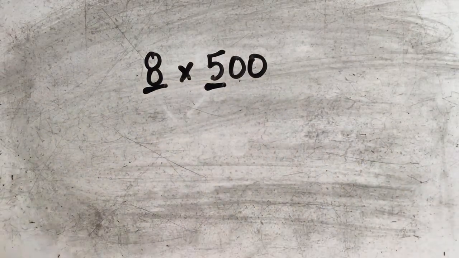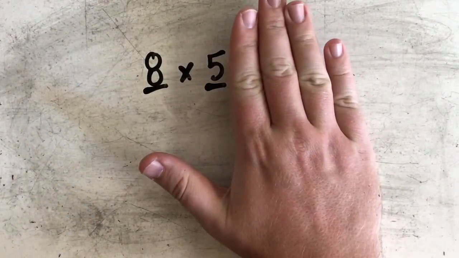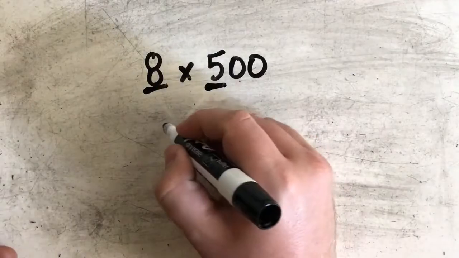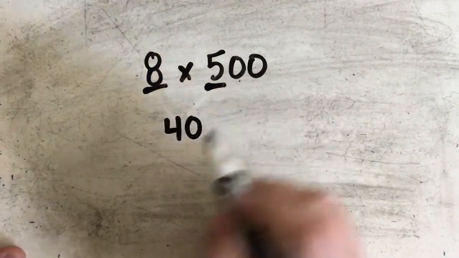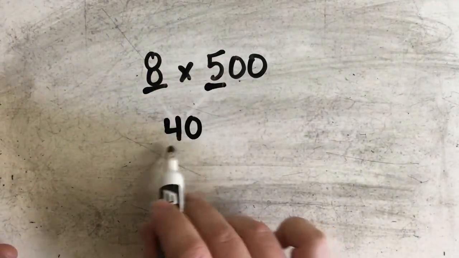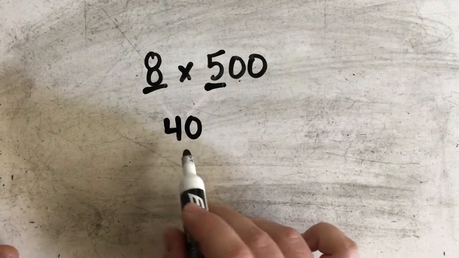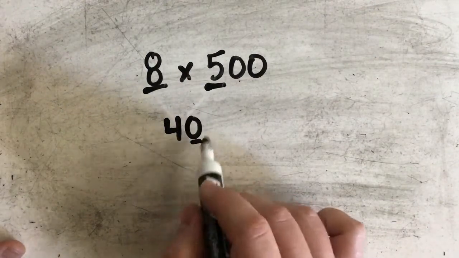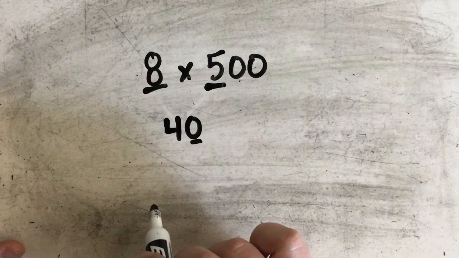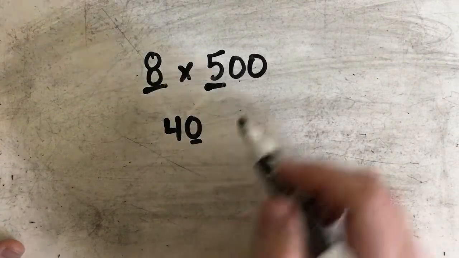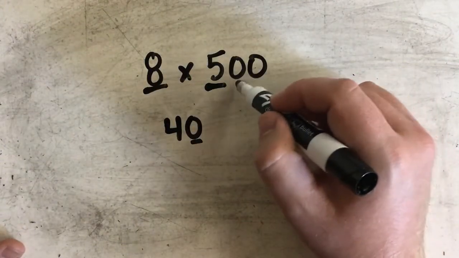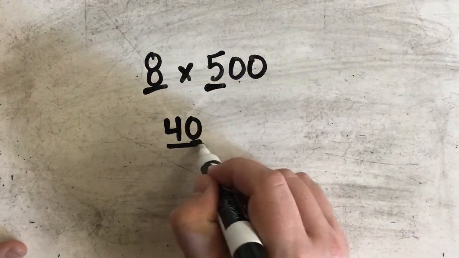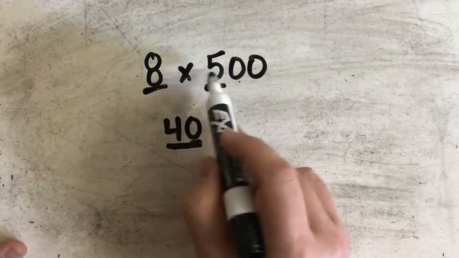Just looking at 8 times 5, I know that 8 times 5 is 40. The reason I'm writing this first is that you'll notice there is already a 0 included in this basic fact. That 0 can't be counted when I'm adding zeros, because it is part of my basic fact of 8 times 5.